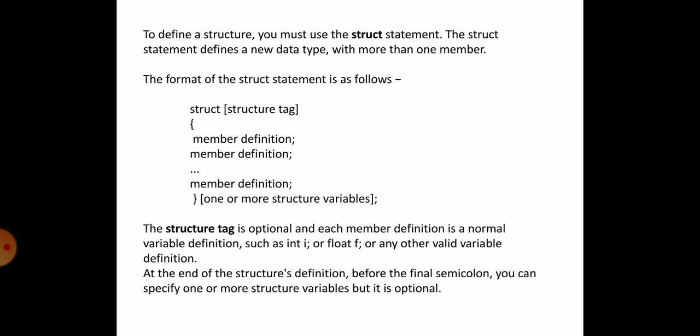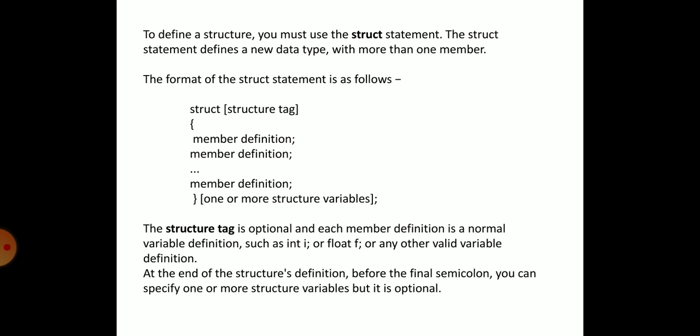So immediately following the struct keyword and the structure name, within the curly braces we must specify all the member definitions. That means we must declare all the members of the structure. That means all the variables that are being used in the structure should be declared within the curly braces.